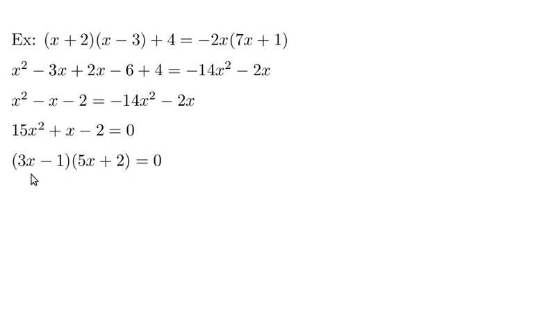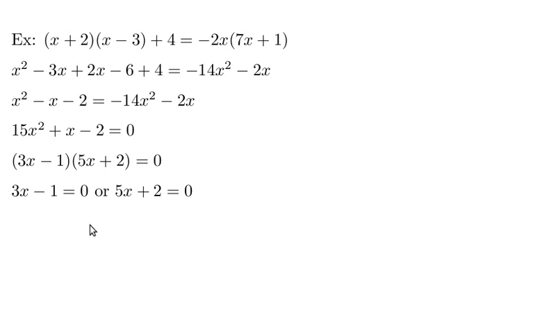So now we have two things that, when multiplied together, equal 0. So that means that either 3x minus 1 equals 0 or 5x plus 2 equals 0.